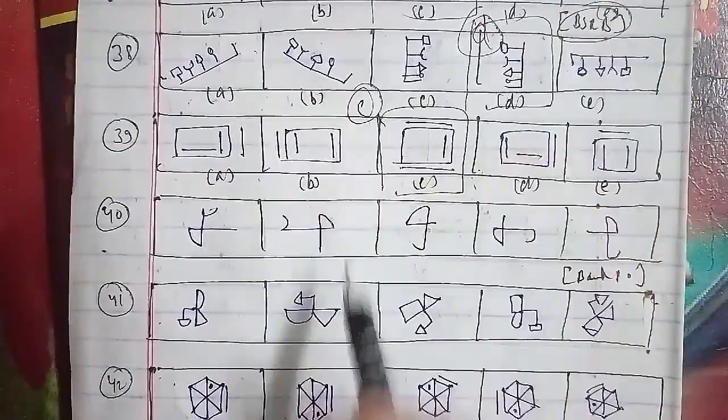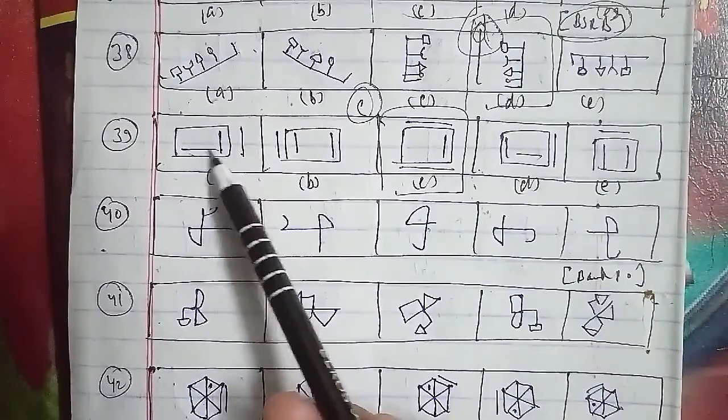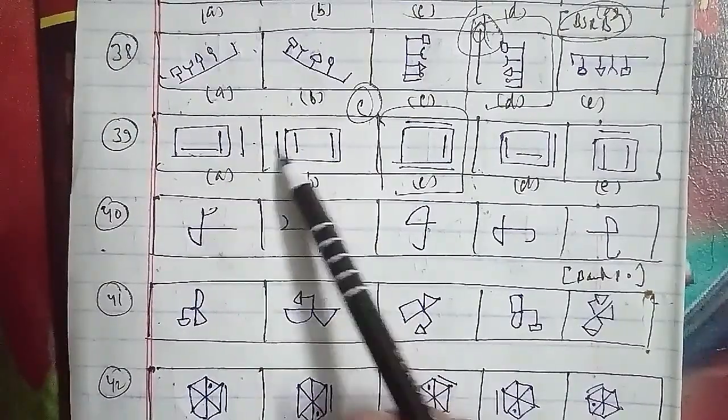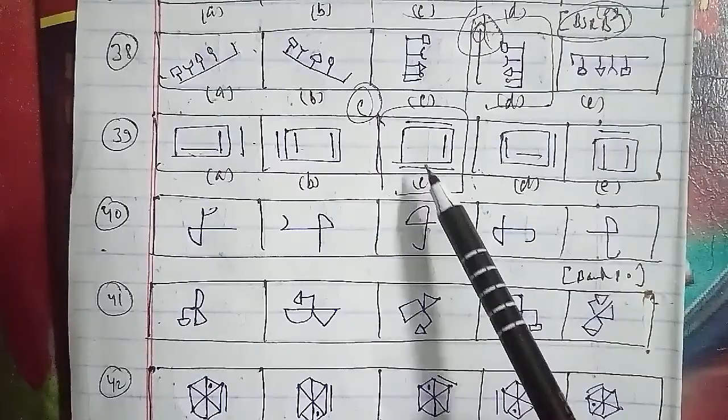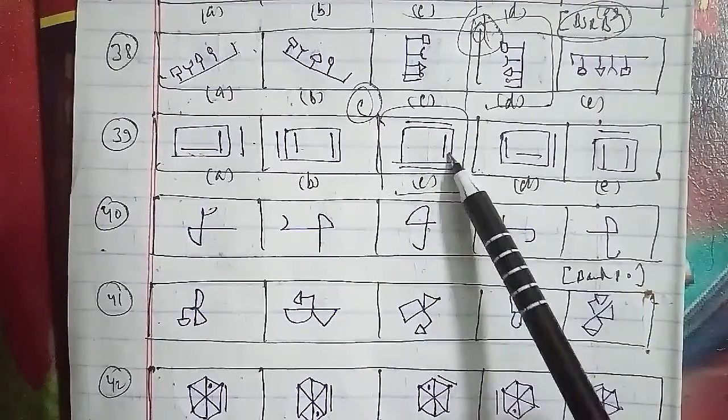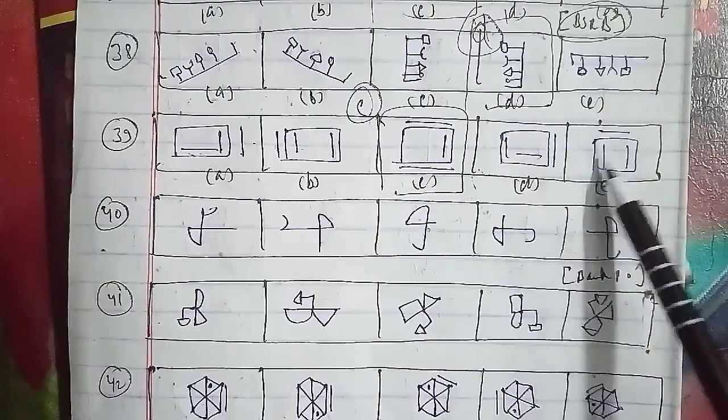So the odd one out is figure C here, according to the question which we have to find out.